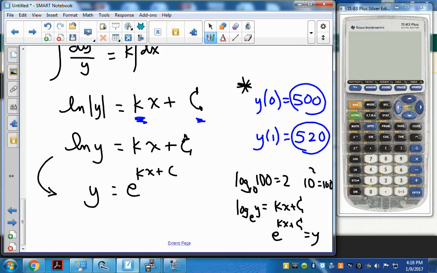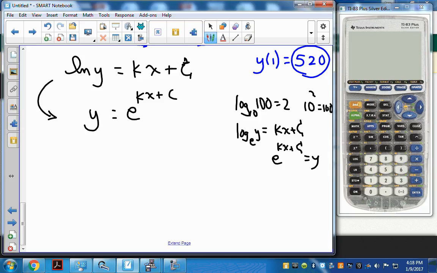Okay, now the next thing that's typically done is to think this process through. After you write it down a couple of times, you can just jump to like 3 steps down. But I have e to the kx times e to the c.